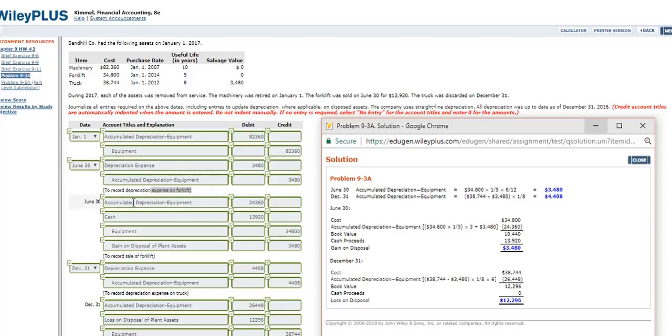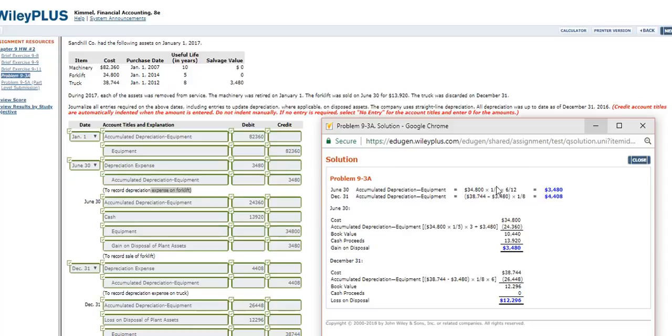The first account that we will put is depreciation expense, as is right here. To calculate that, we're going to multiply the cost of the forklift, which is 34,800 times 1 divided by 5.